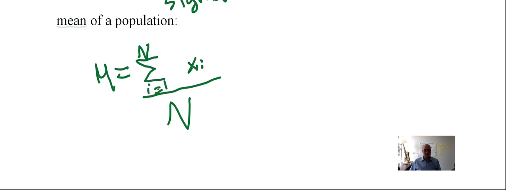It means we look at all the positions from 1 to N, and we sum all the values, the xi's. So let's say I have 10 numbers, I see what x sub 1 is, add it to x sub 2, add it to x sub 3. Every time we see this summation sign, just think of it as a little program going through and adding a whole bunch of things together. Then when we're all done, we divide by big N. This is just the mean of a population that we're used to seeing.